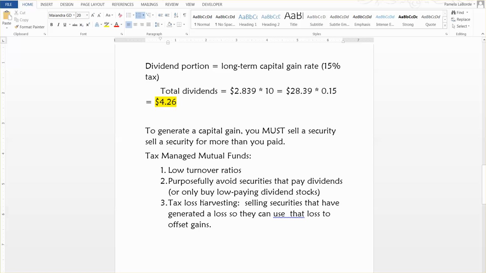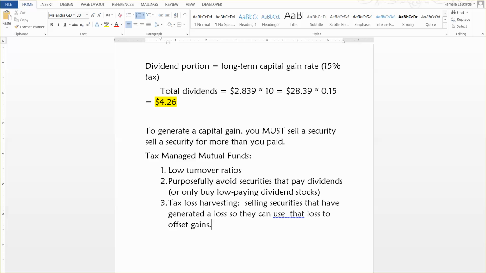So I own some shares of Apple and I've earned about a 50% rate of return. Actually, I haven't earned it, it's an unrealized capital gain. But let's say for whatever reason I decide to sell those shares of Apple before the year ends. That means I'm going to have to pay taxes on that capital gain because it'll turn from an unrealized capital gain into a realized capital gain.